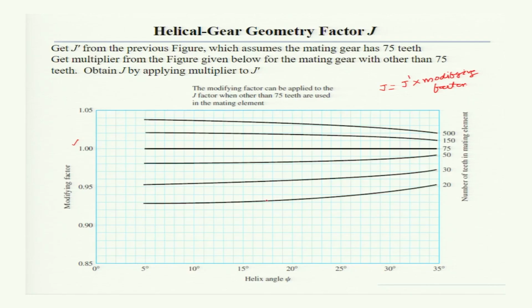For other cases, J dash obtained from the previous figure should be multiplied by the modifying factor to get the value of J. This is the difference from the spur gear.